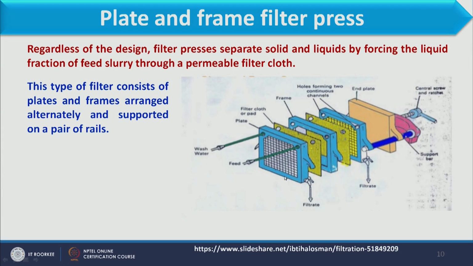So, between frame and plate there is filter cloth, and between plate and frame there is filter cloth. In this assembly, this is plate, then filter cloth, then frame, then filter cloth, then plate, and similarly the others. All these are arranged on the supporting bars.